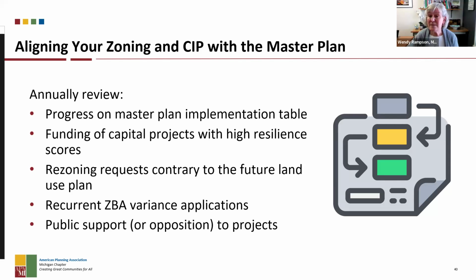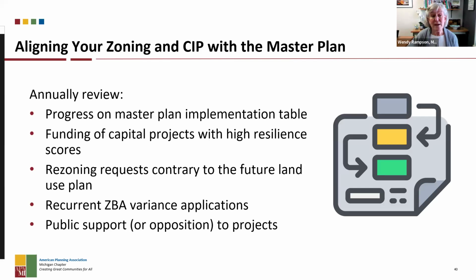You can keep tabs on alignment by formalizing an annual review of some common planning practices. So the master plan implementation table I just mentioned, you can analyze whether capital projects with high resilience scores are being funded or not. You can explore the reasons behind rezoning requests that might be contrary to the future land use plan to see what's behind that.